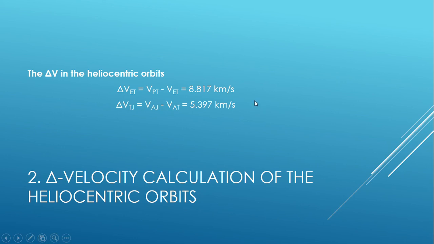The first delta velocity we can calculate by taking the velocity at perihelion of the transfer orbit minus the velocity of Earth. Now we know that it is 8.817 km per second, and the second delta v is the velocity of Jupiter at apocenter minus the velocity at aphelion of the transfer orbit.